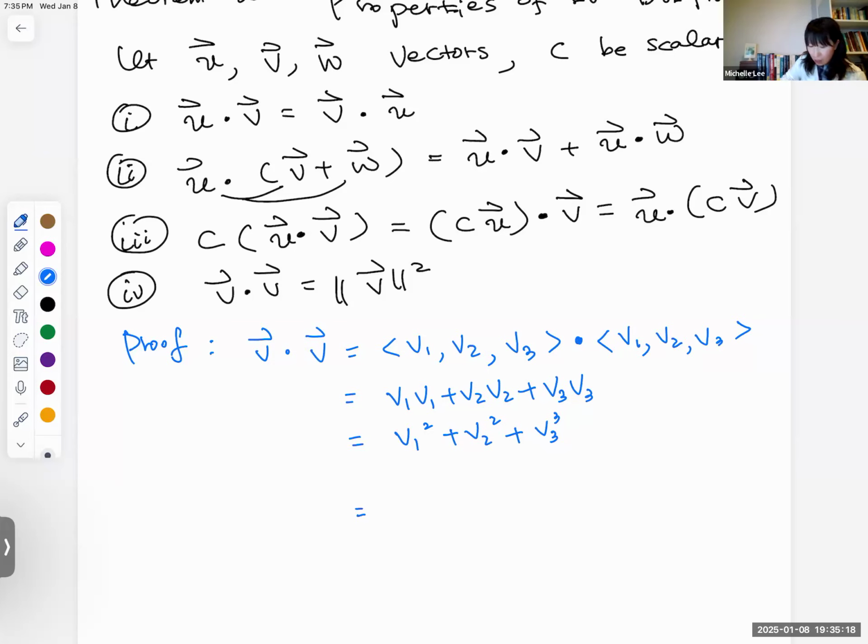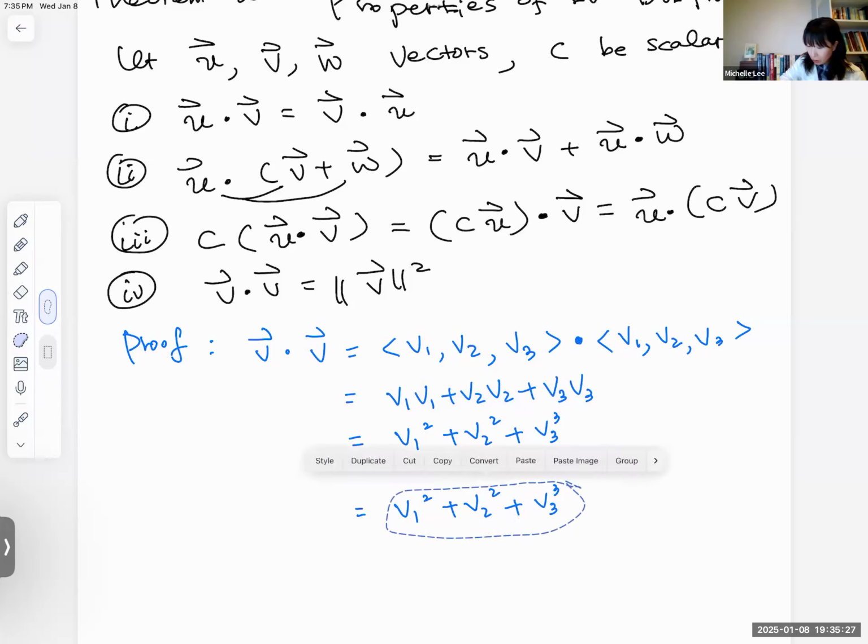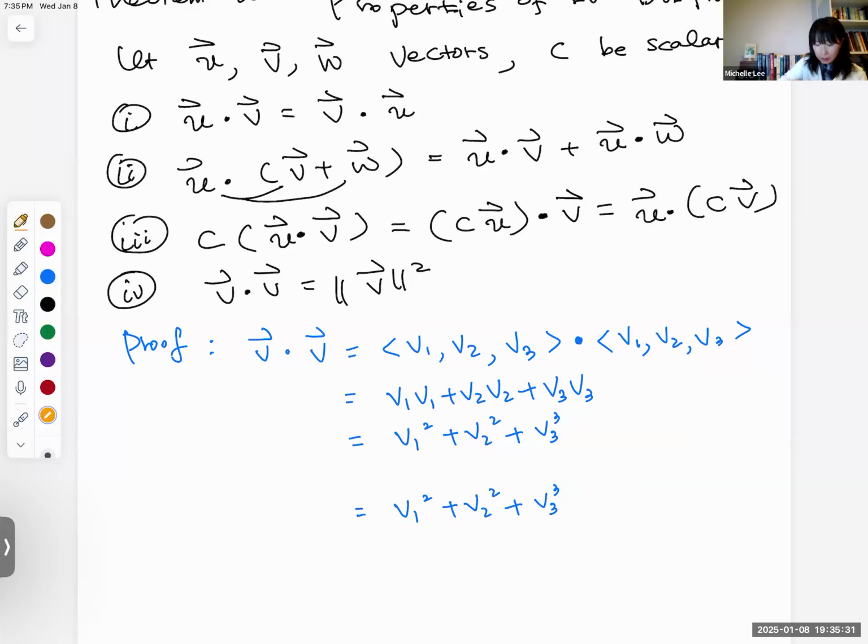So let me just copy this one. And then do you agree? This is the same as, yeah? So we take the square root and then square them. Is it the same? Yeah. Okay.